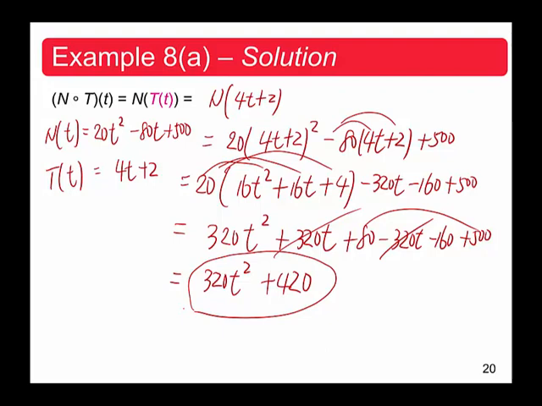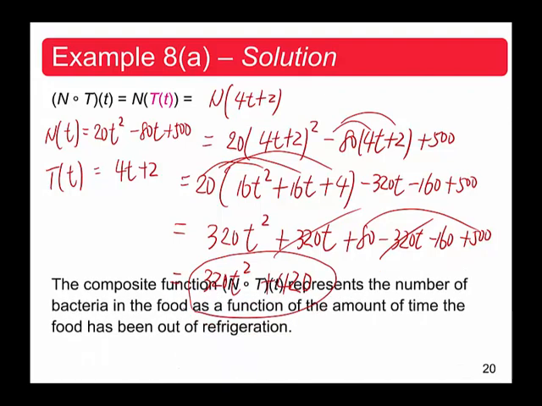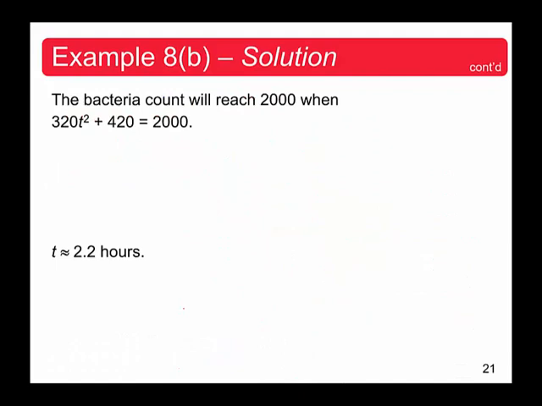Okay, so this function represents the count of bacteria in the refrigerated food, the number of bacteria as a function of the time t. Now, the second part is when the bacteria count reaches 2000. So we're setting n of T of t equal to 2000. We already have the composite, and that's 320t squared plus 420.